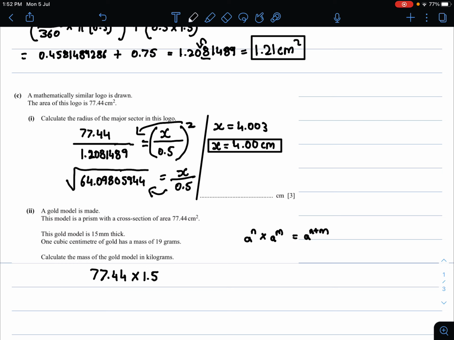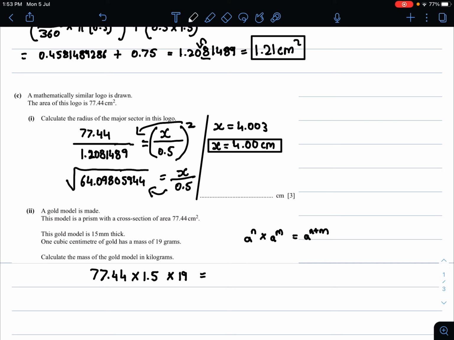So it would become centimeter cube, which is cubic centimeter, and they say that 1 cubic centimeter is 19 grams. Therefore we have to multiply this with 19 so that we know how much the mass of gold would be in grams.